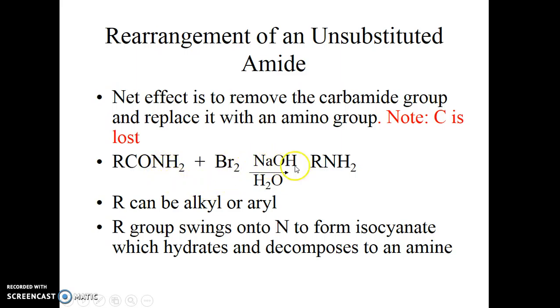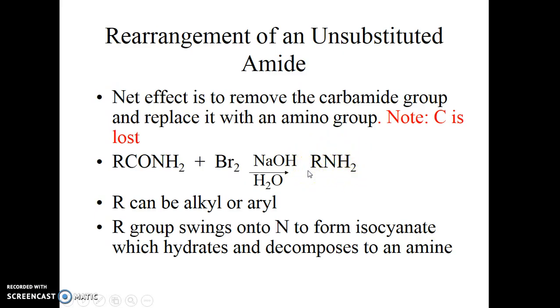Equilibrium conditions again with the sodium hydroxide will deprotonate this nitrogen, and that causes rearrangement. The R group swings over here, and you form something called an isocyanate, which then in water adds water. It hydrates to something called a carbamic acid, which decarboxylates and then gives you this primary amine.